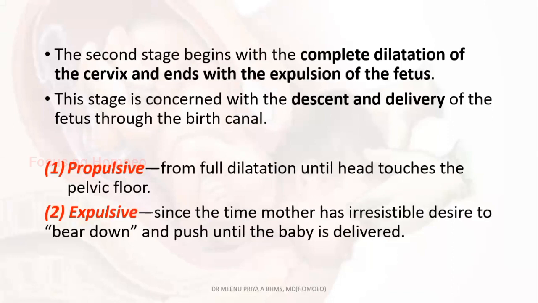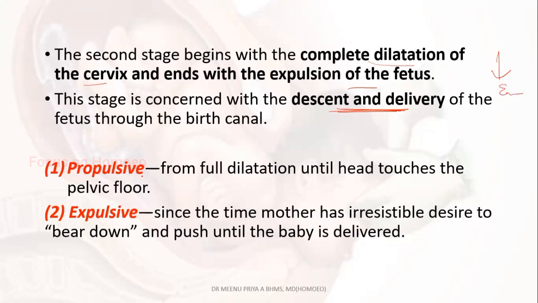The second stage begins with complete dilatation of the cervix and ends with expulsion of the fetus. This stage is concerned with descent and delivery, two important words. Descent means coming down and delivery is expulsion of the fetus through the birth canal.